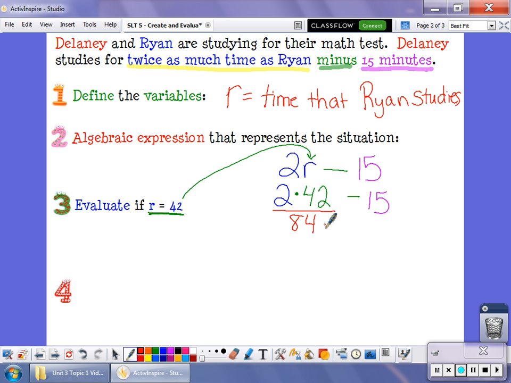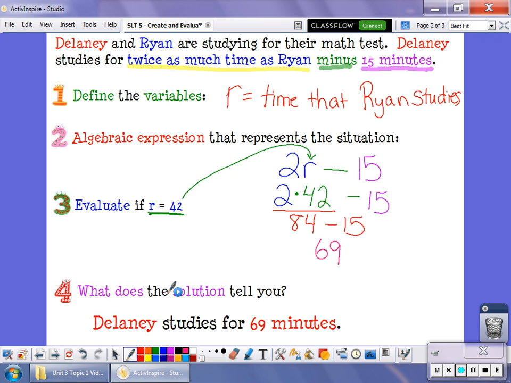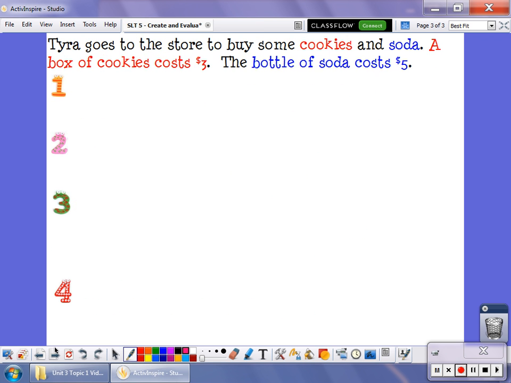So that's going to be 84 minutes minus 15, which means that Delaney studied for a total of 69 minutes. And the last thing I want to do is figure out what my solution tells me. This 69 means that Delaney studied for 69 minutes.